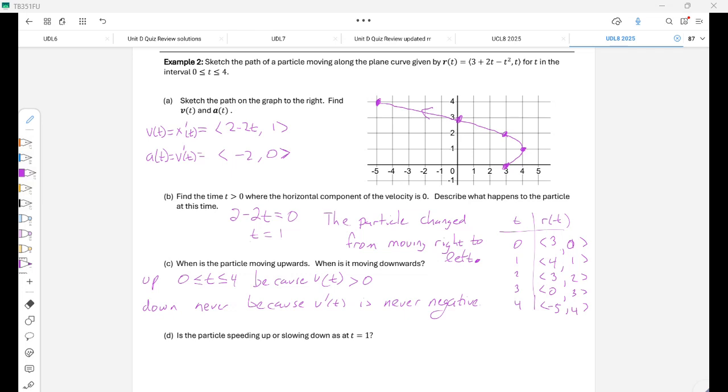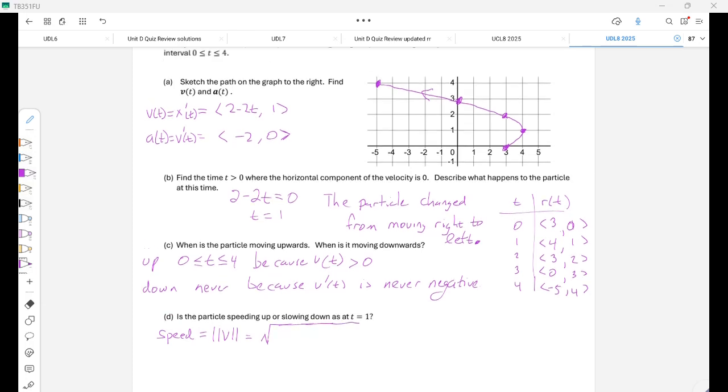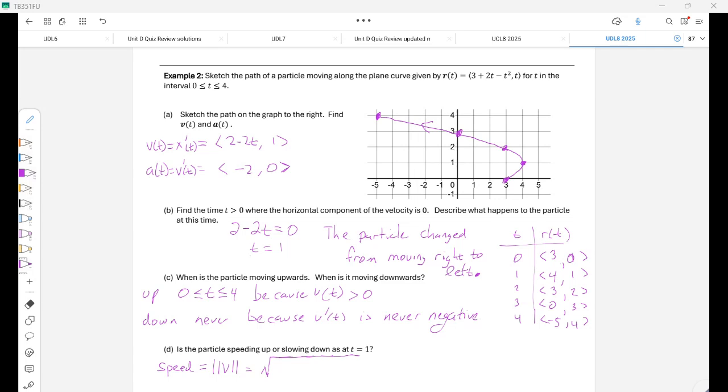We have to find the function for speed. So speed is the magnitude of velocity, which is the square root of the two components derivative squared. So that's going to be 2 minus 2t. Let me be more specific.